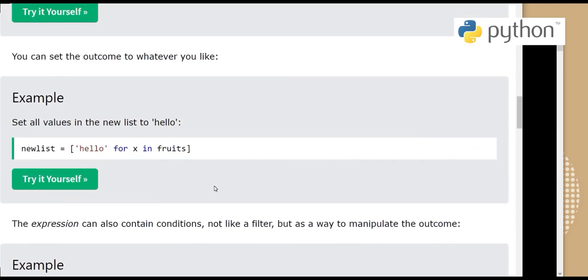We have learned comprehension and different parts of it, which were iterable, and then we learned the expression and condition, and before that we saw if we don't use comprehension, then what is the method to copy elements from one list to another list, or we can say create a new list based on values from an old list.